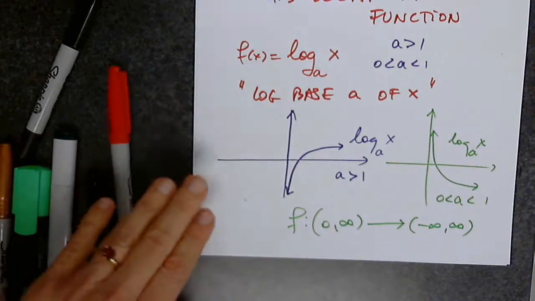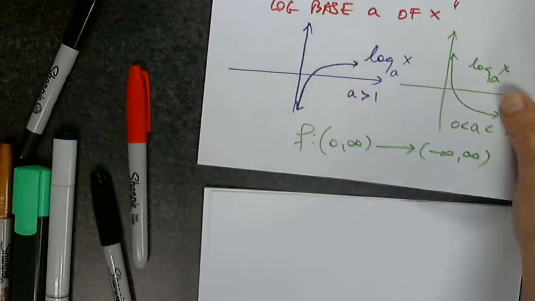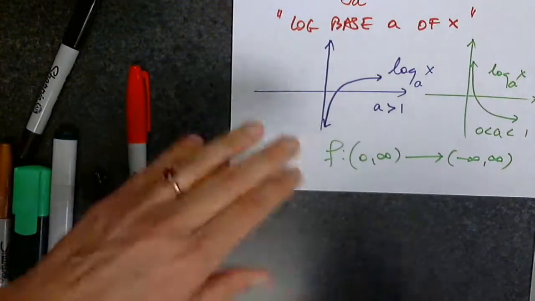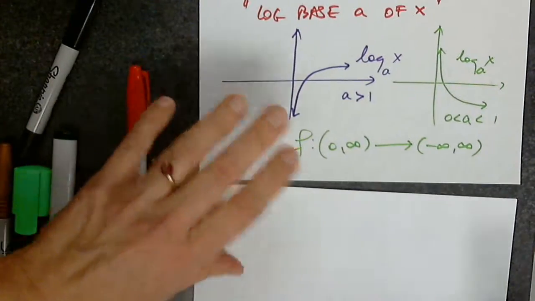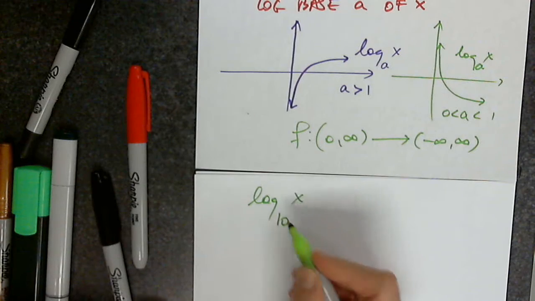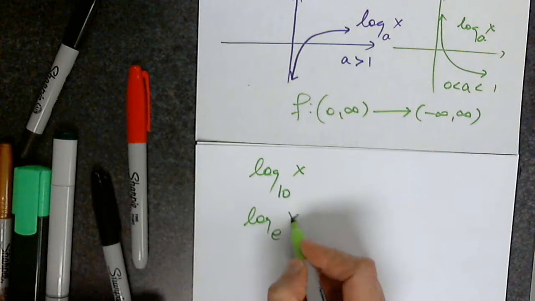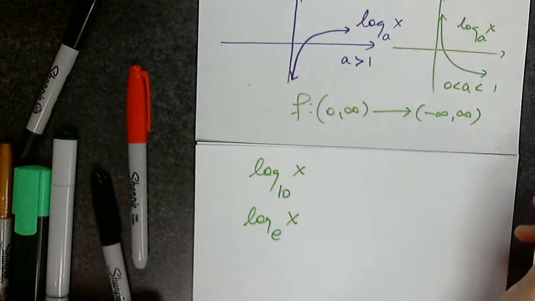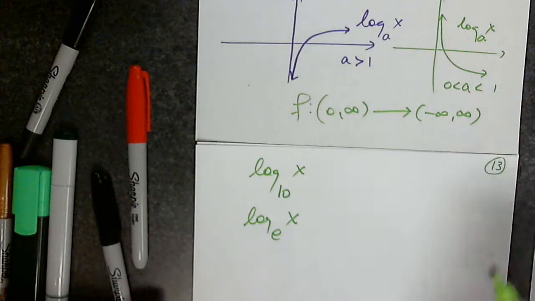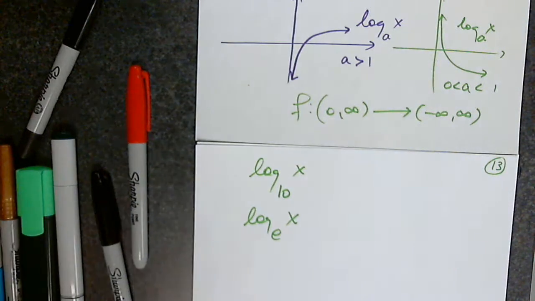Yes, we have 2 special ones. What 2 special ones am I talking about? Natural log and common log. So log base 10 of x and log base e of x. However, we are not going to use any of these 2 notations though.